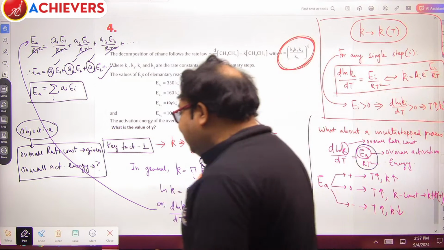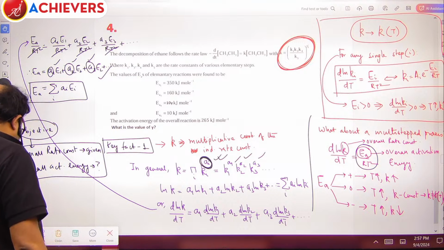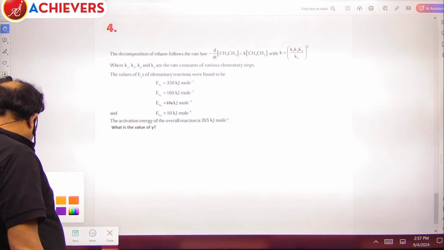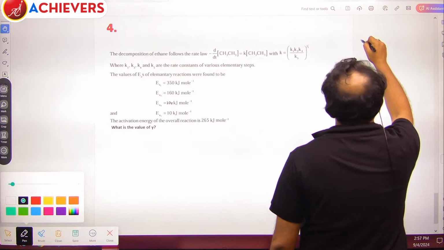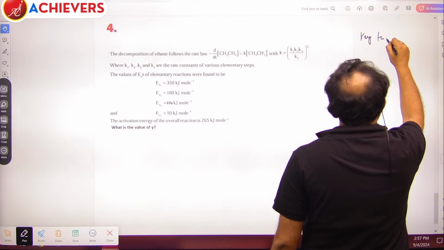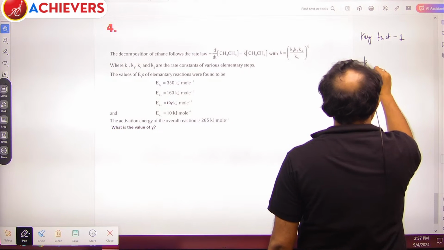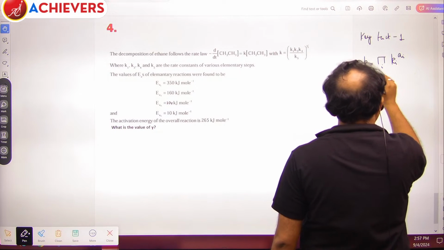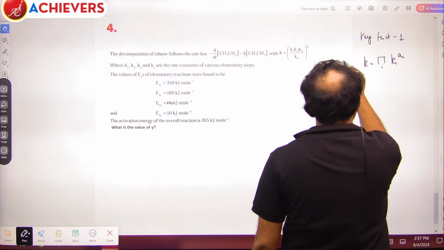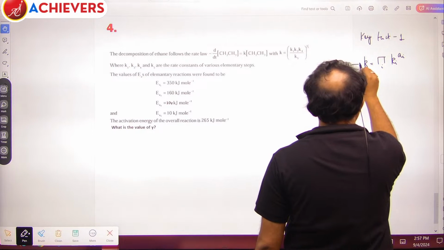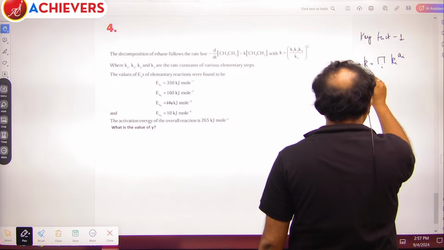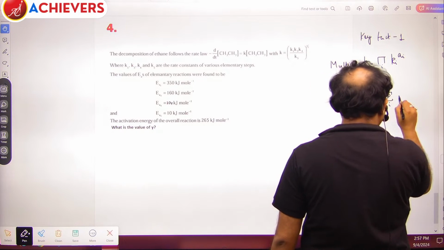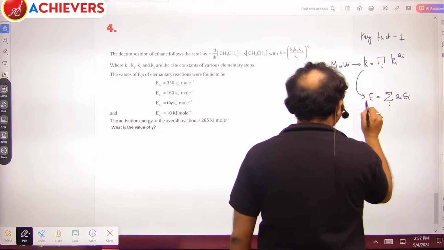So the fact is very simple. Just keep this thing in mind. Key fact 1. This is multiplicative. It becomes summation over Ai Ei. This is additive.